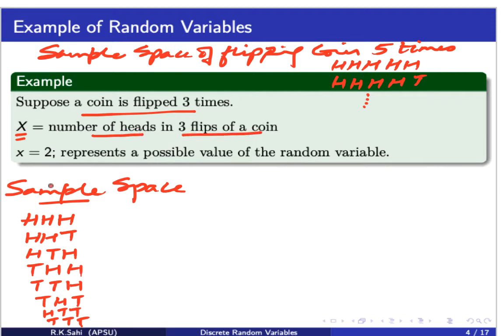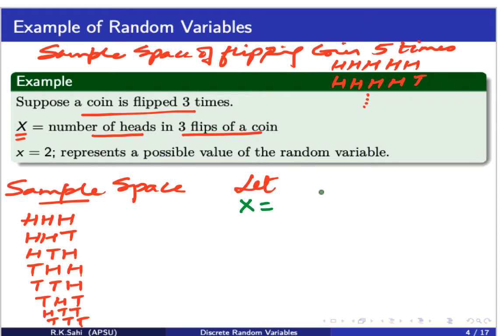Okay, so the same sample space is going to be written in a very short form, but it will give all the information as if we were literally writing down every possible outcome in those 3 flips. So what we say is, let X, the green one I'm using, so that I can write this whole information in very short form.